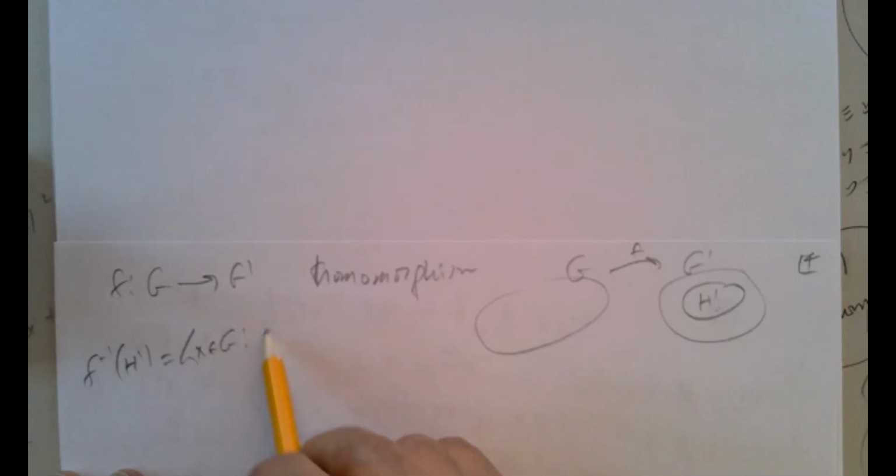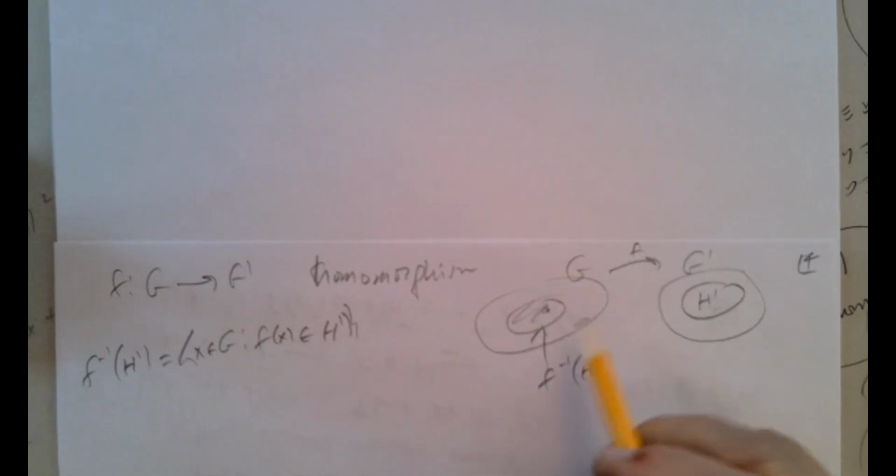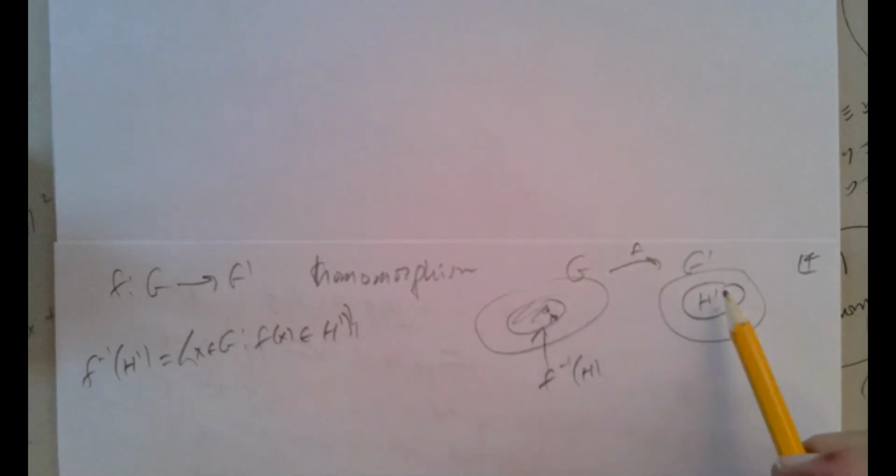We take a subgroup over in G prime, and we let f inverse of that subgroup H prime be the set of all x in G such that f of x ends up in H prime. So we're looking at this f inverse of H prime. This is every x that gets mapped into H prime. And we want to prove this is a subgroup.